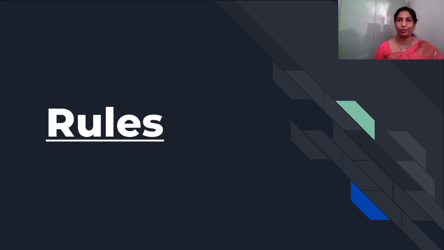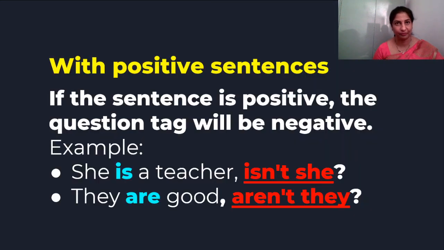So now let's know the rules to be followed when using question tags. With positive sentences: if the sentence is positive, the question tag will be negative. For example, she is a teacher, isn't she?